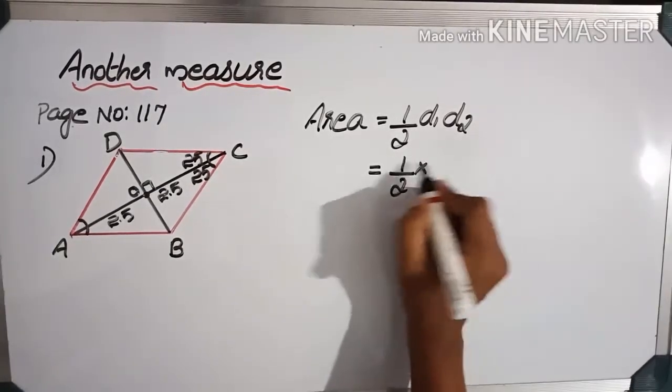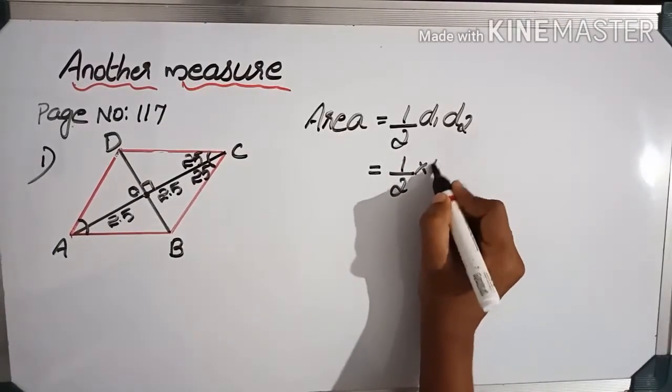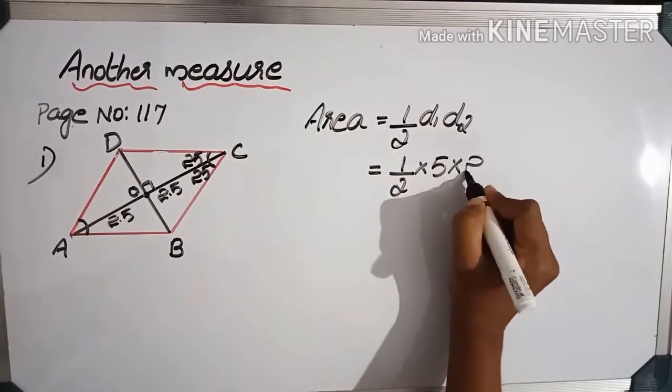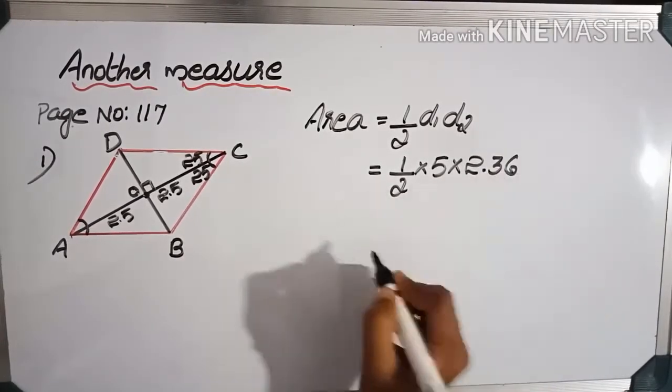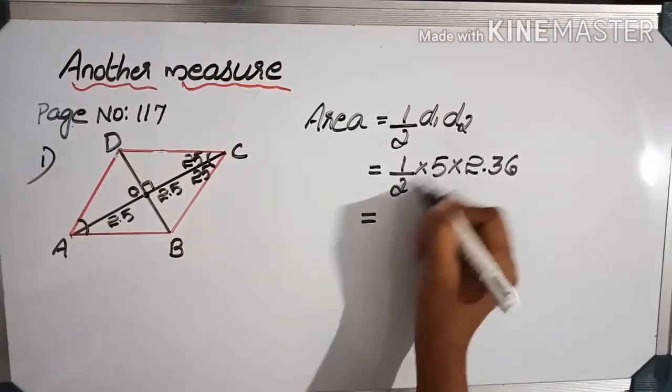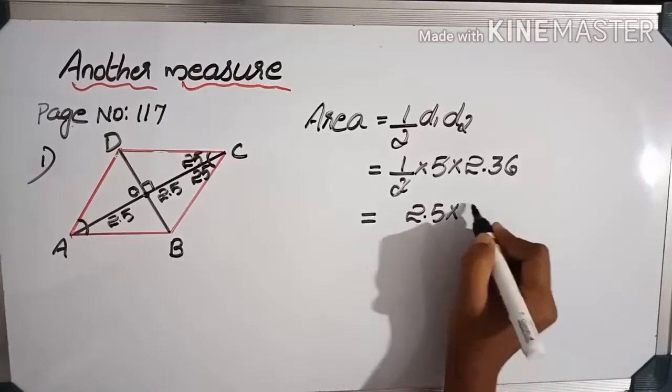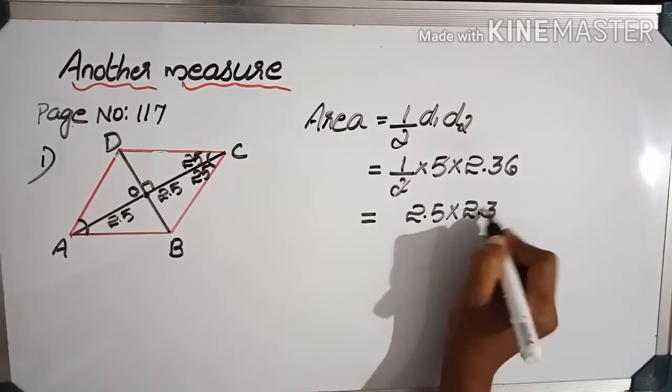Now let's find the area. So area equal to half into D1, first diagonal 5, into second diagonal we got the answer as 2.36. Now this we can divide, that means 2.5 into 2.36.